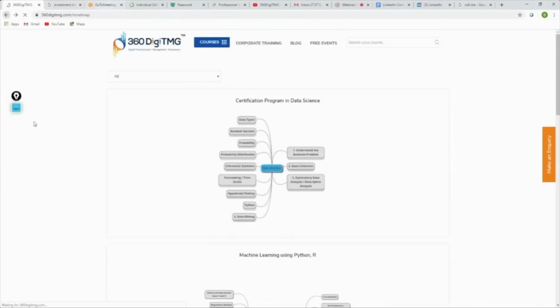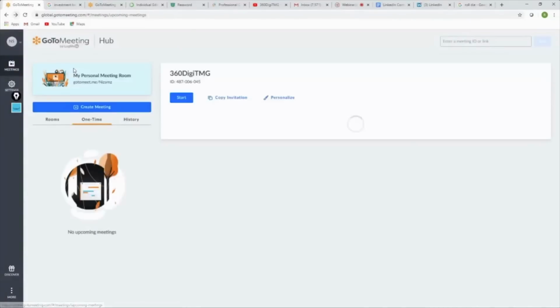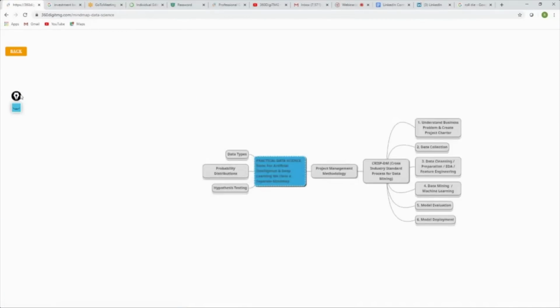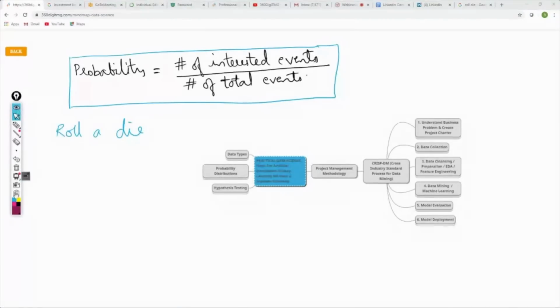So let us go back here. If you roll a die, you might get 1 or 2 or 3 or 4 or 5 or 6. You can get any of these numbers when you roll a die.